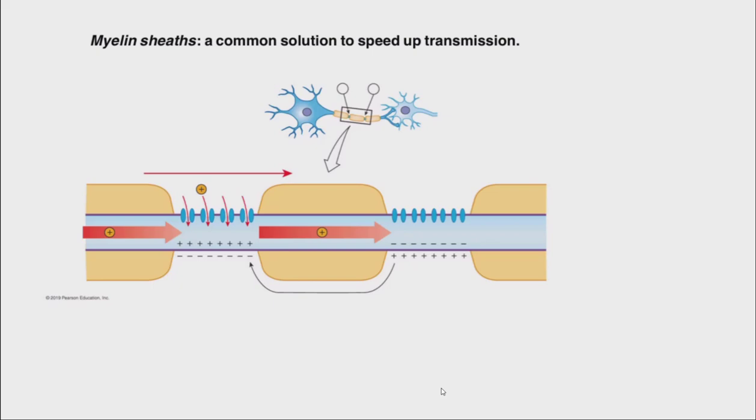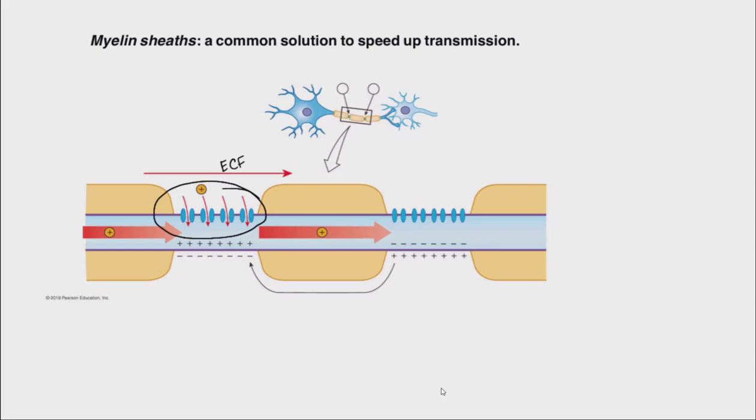That can't happen in a myelinated area. So in this image here, you can see that the nodes of Ranvier are the only places where the membrane is exposed directly to that extracellular fluid and therefore is a viable place for sodium to find its way in through a voltage-sensitive gate.